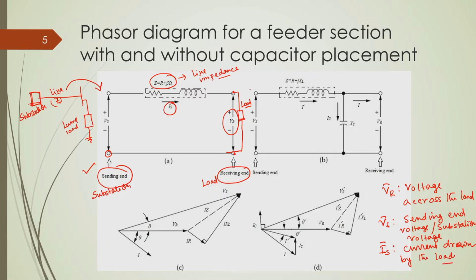So, this load is drawing this current I s. And Z is basically line impedance. So, this is my substation end and this is my load end.